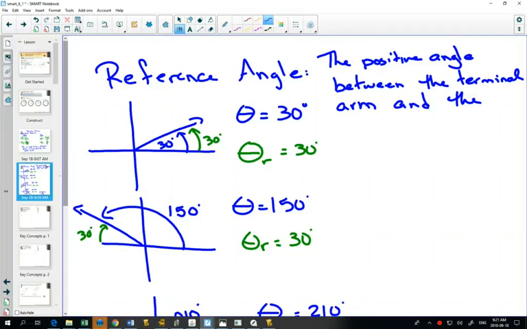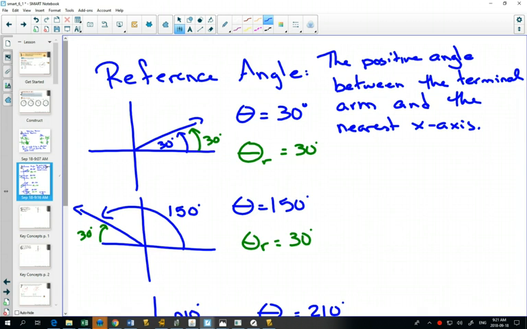So we take the terminal arm, here's where my angle ended, and I'm going to find the angle between it and what? We have to go to the nearest x-axis. So that's the definition of a reference angle.